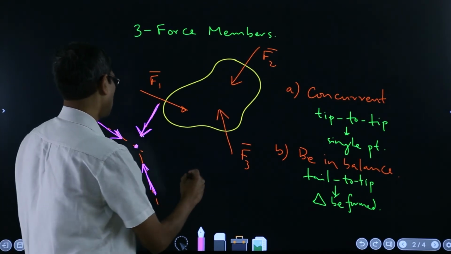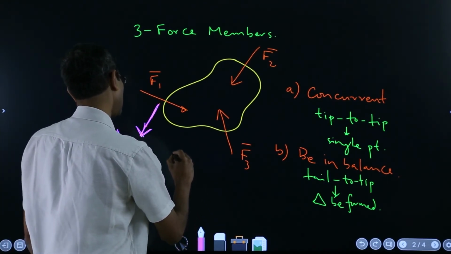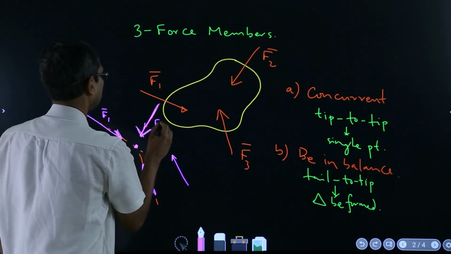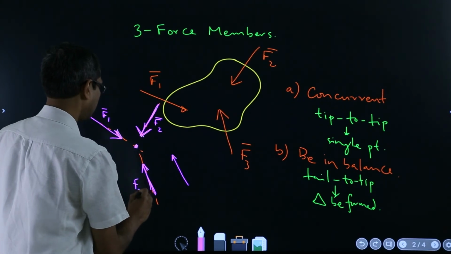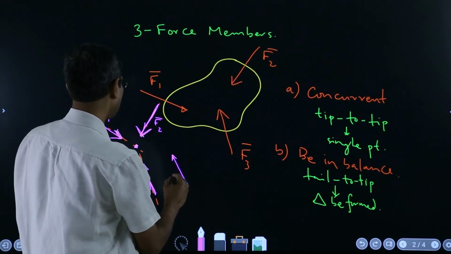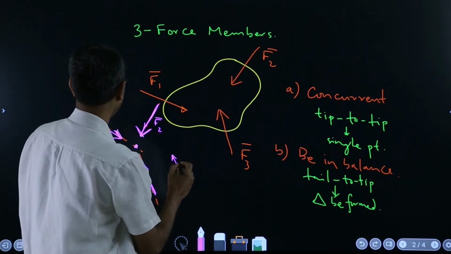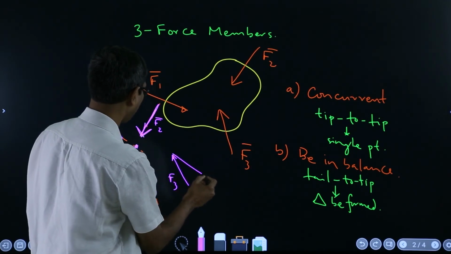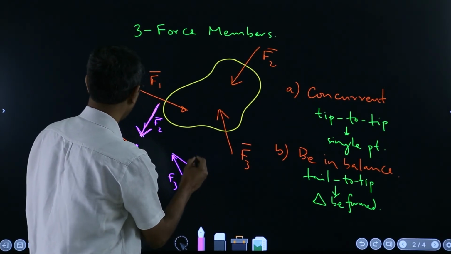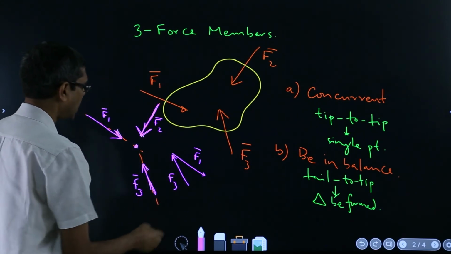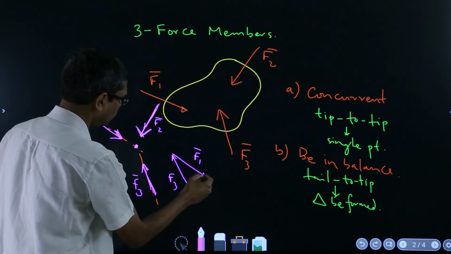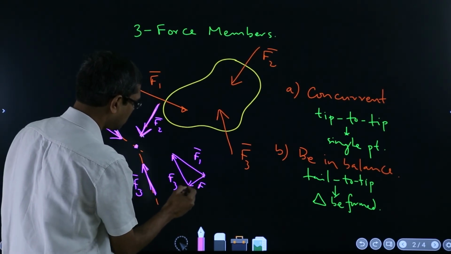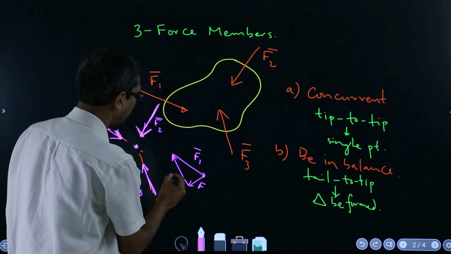And if you put them like this, tail to tip, say, if I call this F1, this is F2, and this is F3. So I have drawn now say F3 here, and I'll draw F1 here, which is parallel to that, and now the length of F2 must be such that if I draw it here, it should just end at the tail of the vector F3.